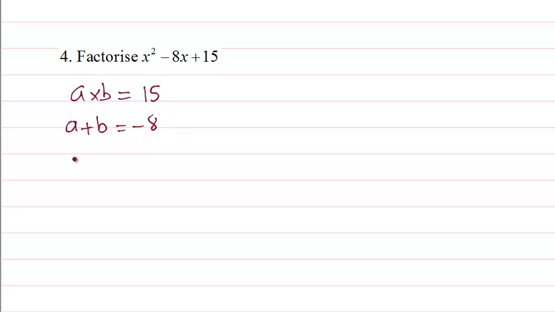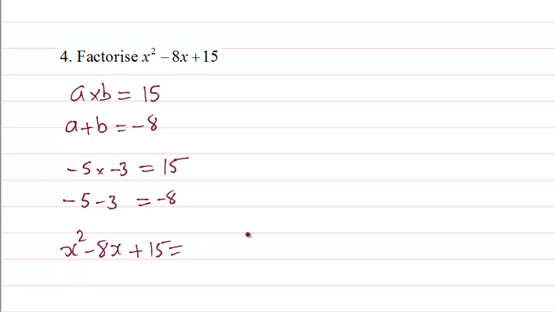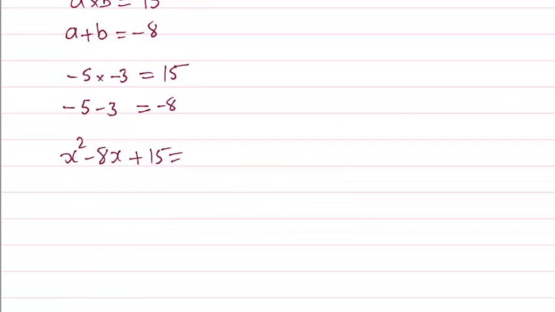Because both numbers have to be negative, it's minus 5 times minus 3 gives you 15, and minus 5 minus 3 is minus 8. So therefore x squared minus 8x plus 15 factorizes to these two numbers, so it's x minus 5 times, in a bracket, x minus 3.